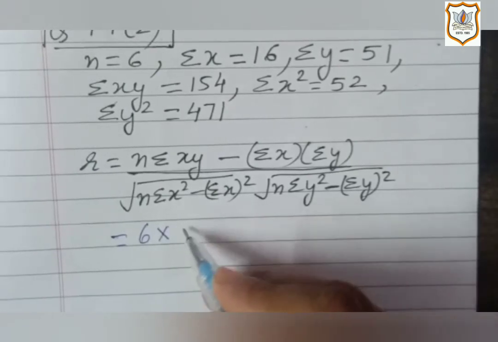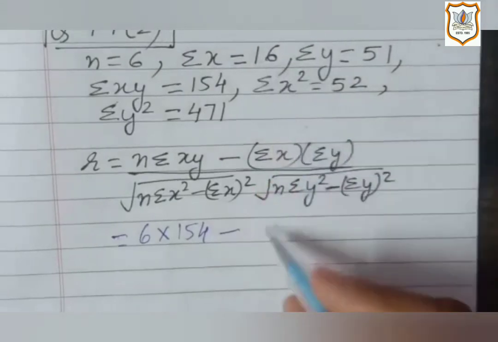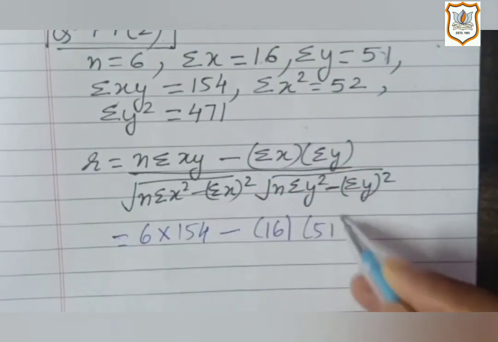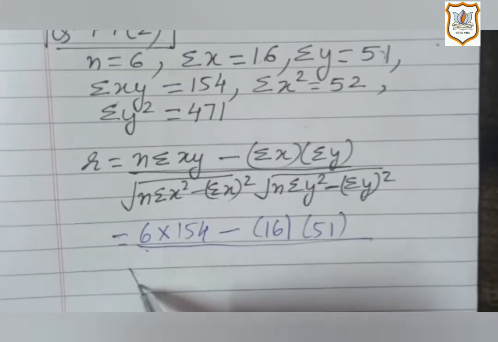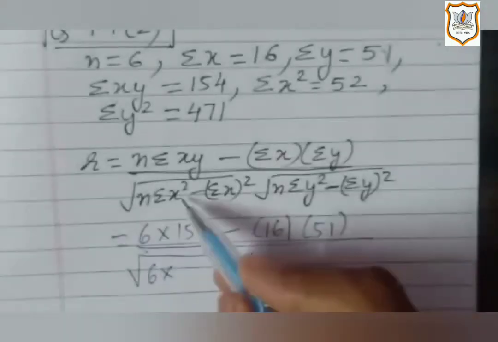6 into sigma xy is 154 minus sigma x is 16, sigma y is 51 divided by under root of n is 6, sigma x square.